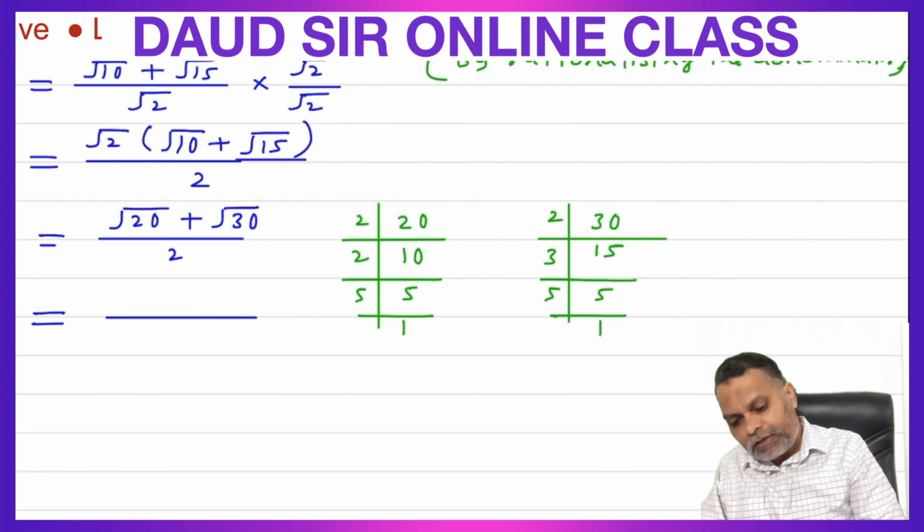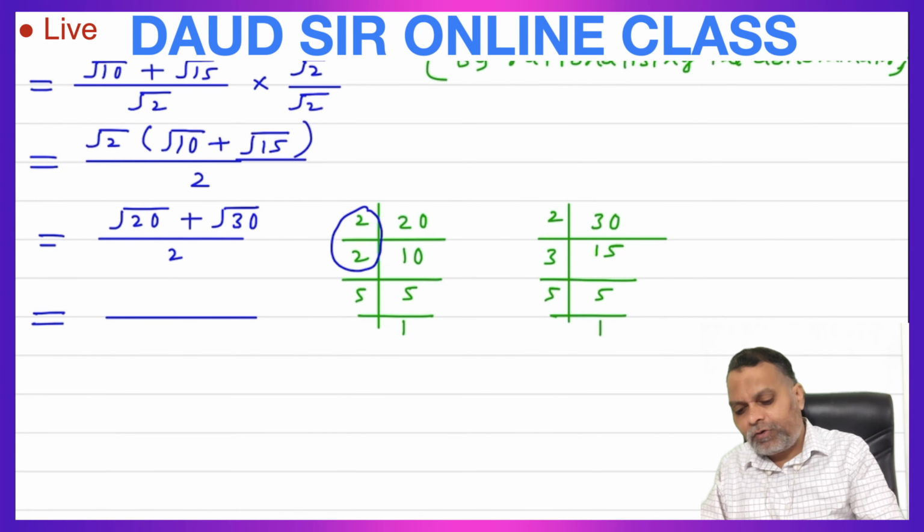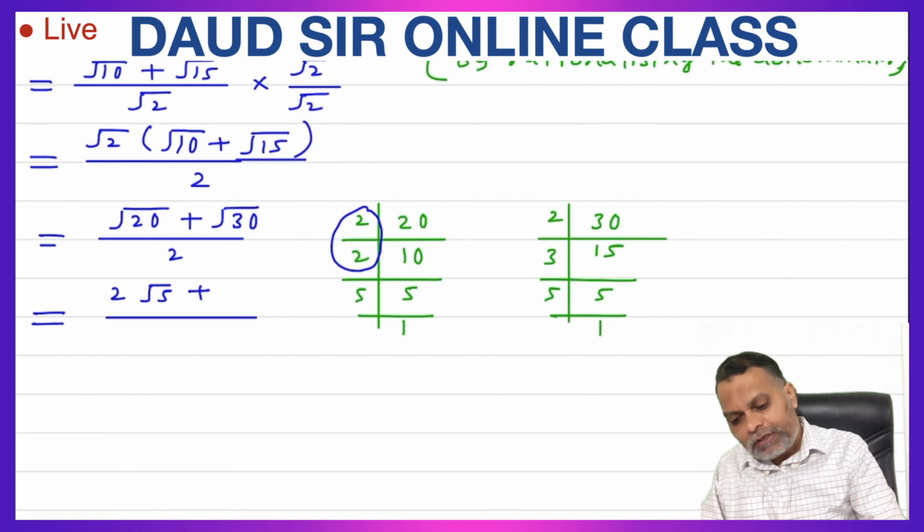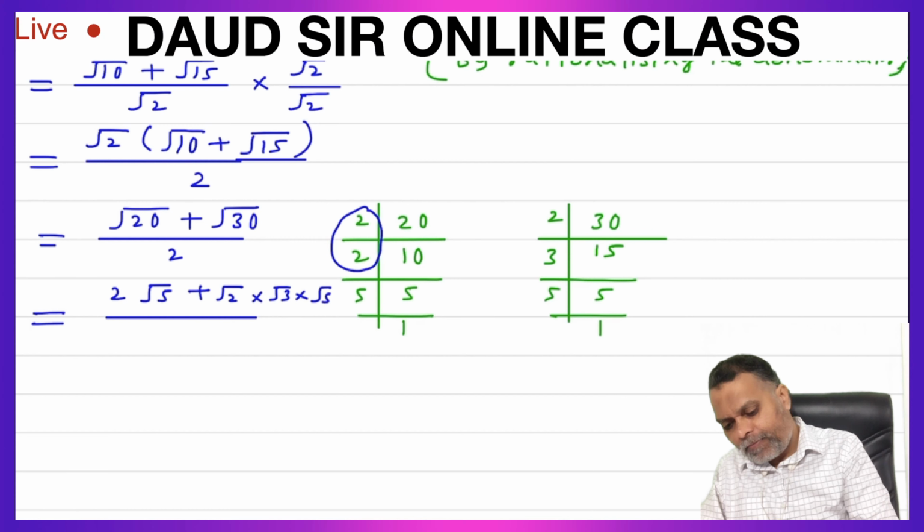So from here there is one pair of 2, so we can write this 20 as 2 under root 5, plus this under root 30 we can write root 2 into root 3 into root 5, upon 2.